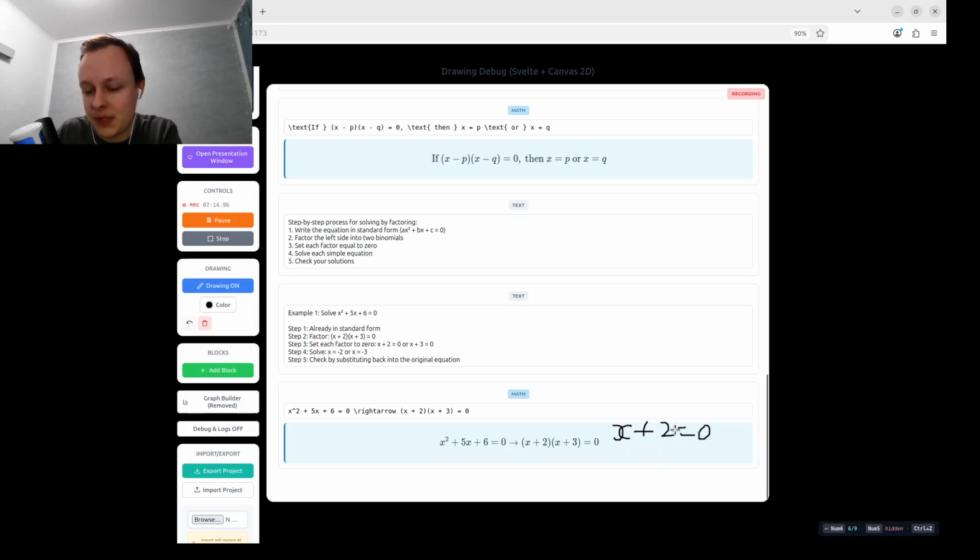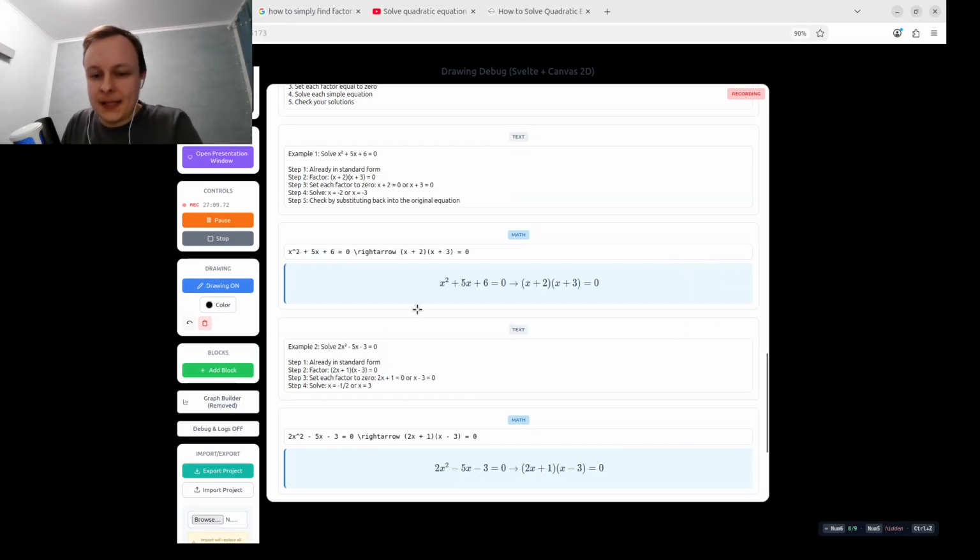What we do is subtract 2 from both sides, and we get x equals -2. The same for this factor: x equals -3.